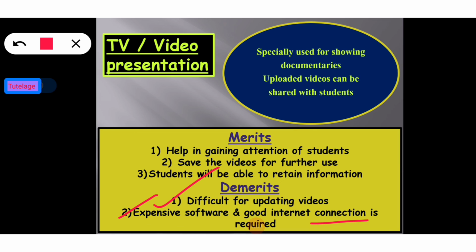But this drawback or demerit can be overcome with the use of live sessions, because there teachers can go live on their Facebook pages, groups and YouTube channels, and students can provide feedback and ask questions in the comment section. So I think this is the basic difference between the TV or video presentation and live sessions.